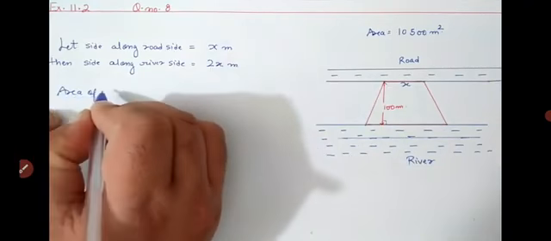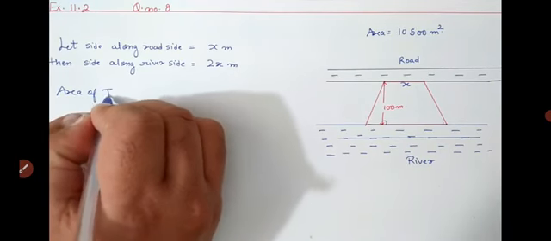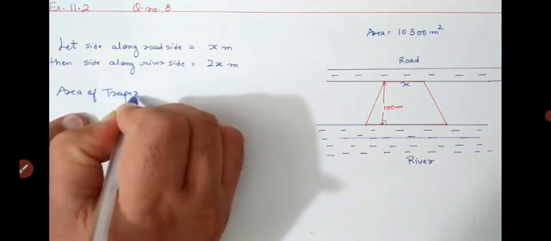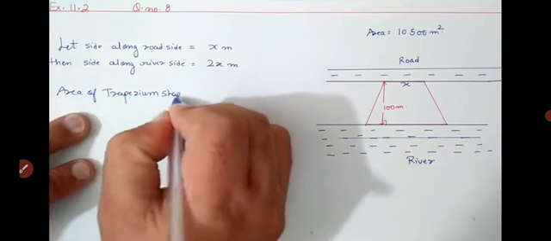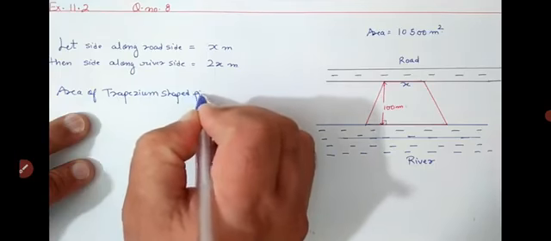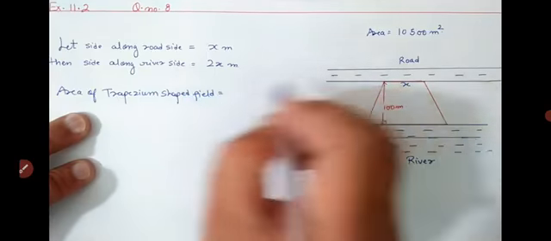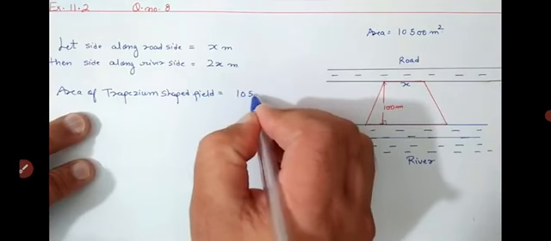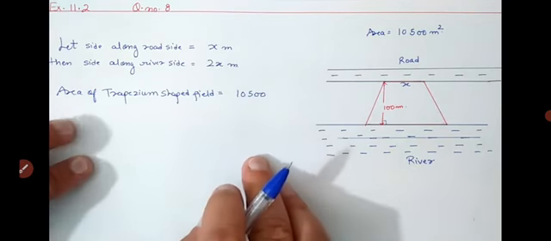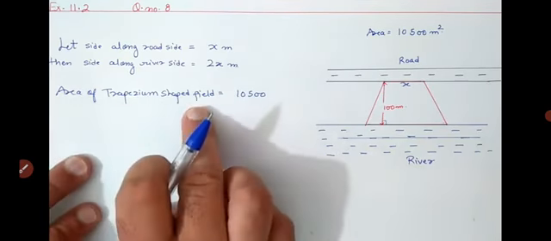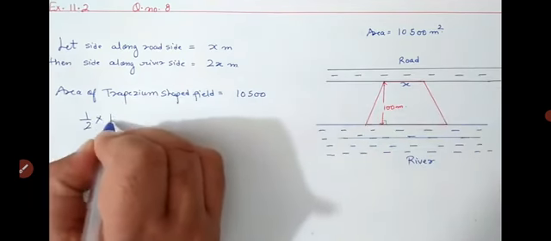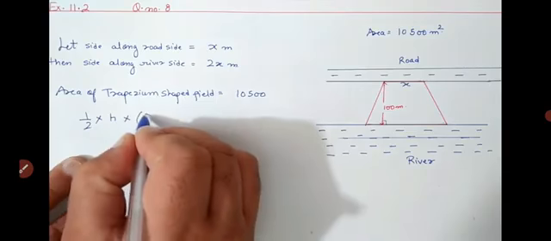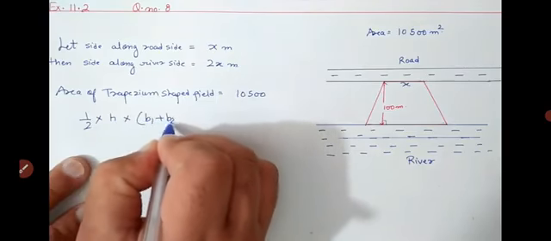Okay, now area of field or area of trapezium is equal to, it's given 10,500 meter square, and we know that area of trapezium is 1/2 into h into b1 plus b2.